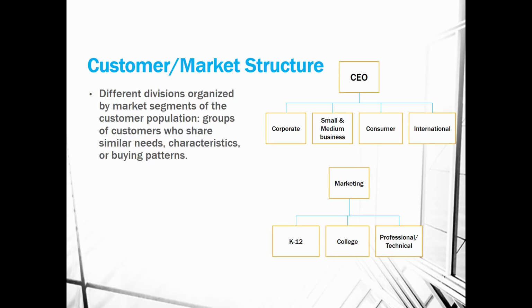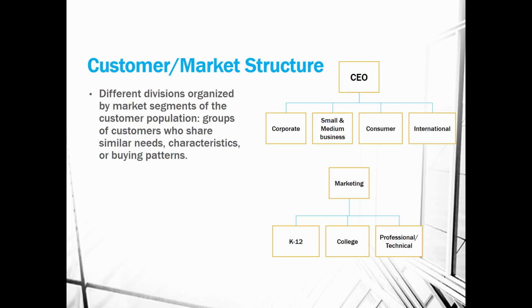Maybe we have a different set of products, or a service that we price differently, for small and medium business. And maybe we offer some of our products to the general consumer market, directly or sold on our website. Maybe we have an international division that offers a particular customized version of our product for customers outside the US, for example. So we divide up our company by the different kinds of markets that we serve.